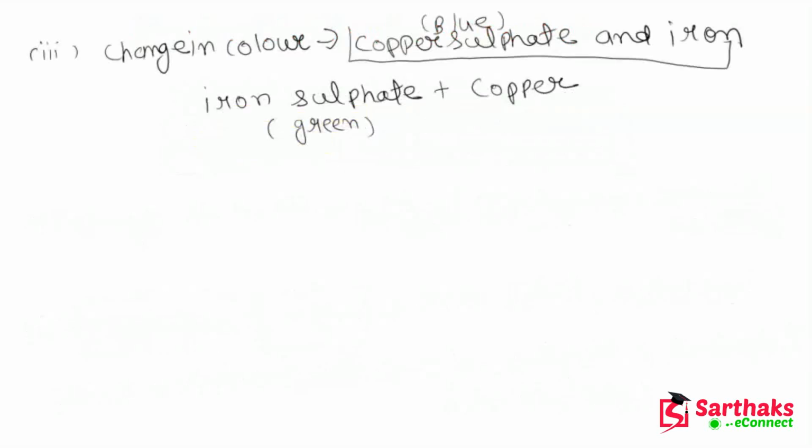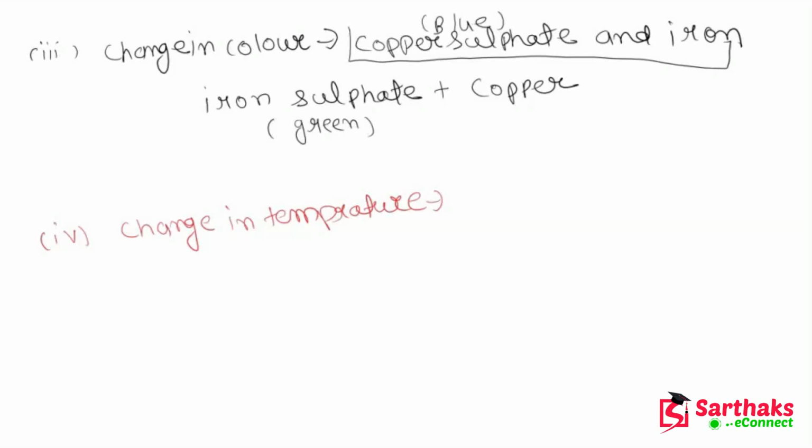Now let's talk about the fourth factor, and that is change in temperature. To make you understand this factor, let me again tell you a chemical reaction. The chemical reaction between quicklime and water to form slaked lime is characterized by a change in temperature, or you can say a rise in temperature.